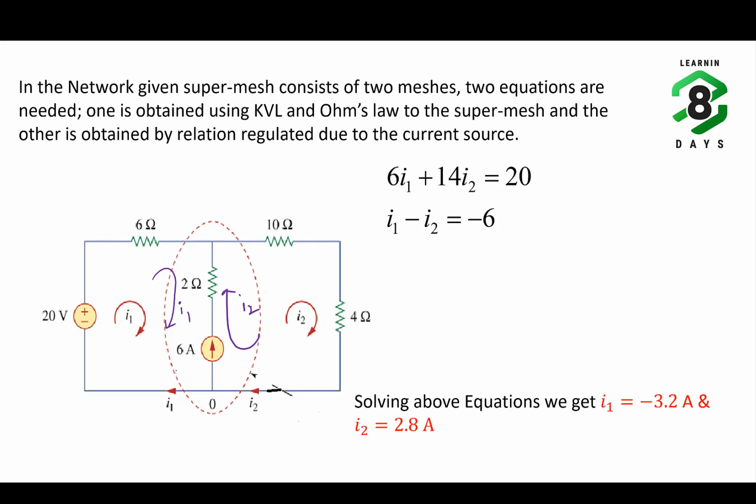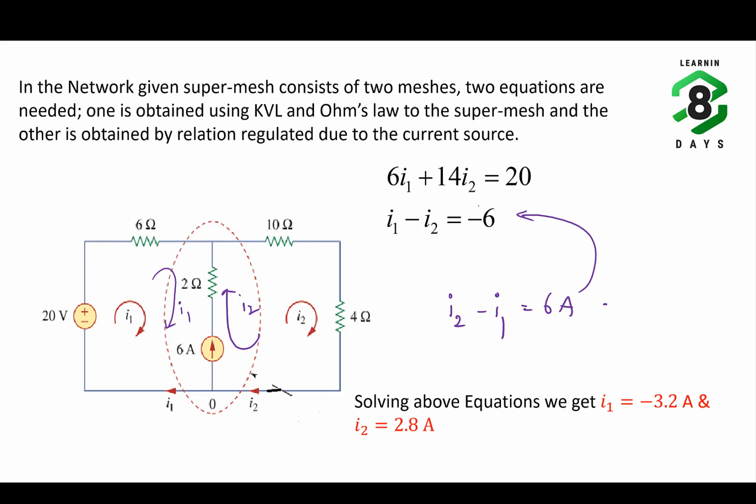So the 6 ampere current will become what? The 6 ampere current is in the same direction as I2. So the net current that flows in this path is I2 minus I1, that is equal to 6 ampere. I2 minus I1 equal to 6 ampere. If you rearrange, you can write it in this fashion, that is I1 minus I2 equal to minus 6.